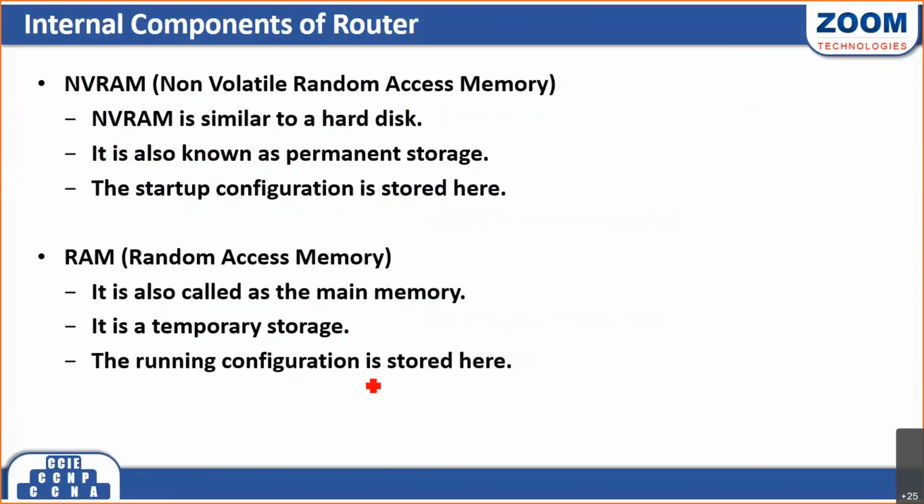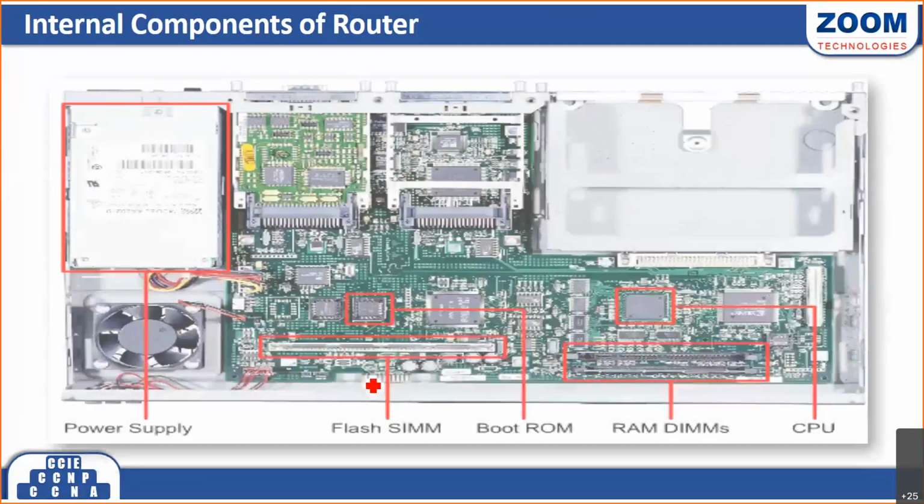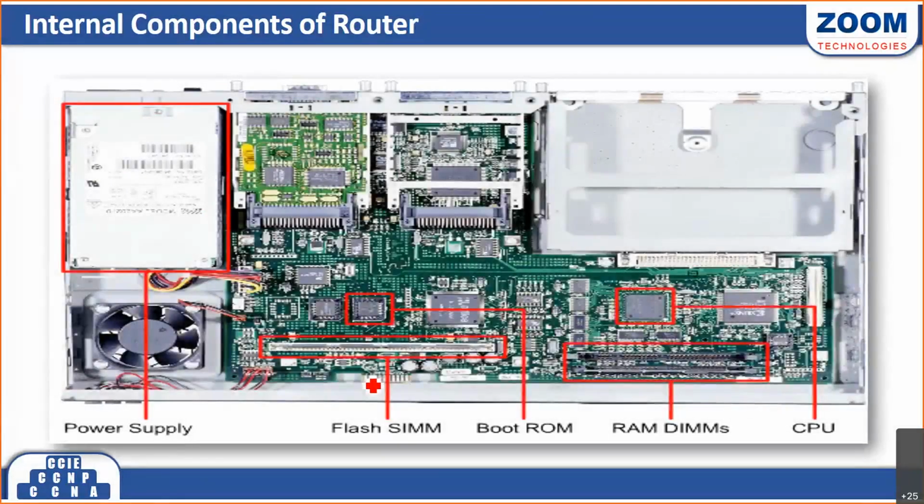You can see the inside of a router, this is an inside view picture. Motherboard and power supply, this is the SMPS. Flash card slot, ROM chip, boot ROM, NVRAM, RAM with 2 slots, and this is the CPU.